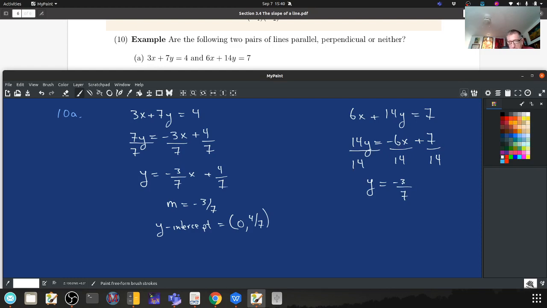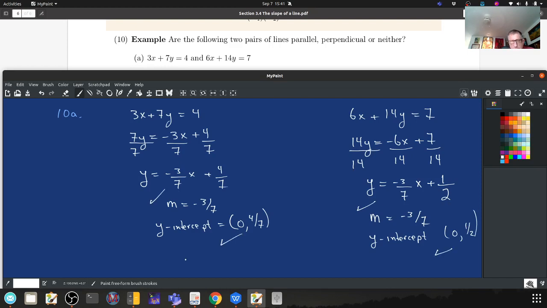Minus 6 divided by 2 is minus 3. 14 divided by 2 is 7, so I divided top and bottom by 2. The equality is the same. And 7/14 is another way of writing 1/2. So my slope over here is minus 3 sevenths, and my y-intercept is (0, 1/2). So the slopes are the same, and the y-intercepts are different.